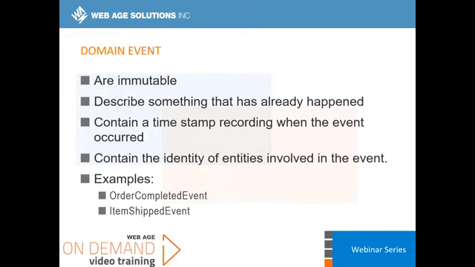A domain event is something that has happened. And so you see in the examples down here where we have order completed, item shipped. In domain-driven design, we try to name our domain events with a past tense name. Now, quite frankly, I don't always or even often append the word event to my event names.